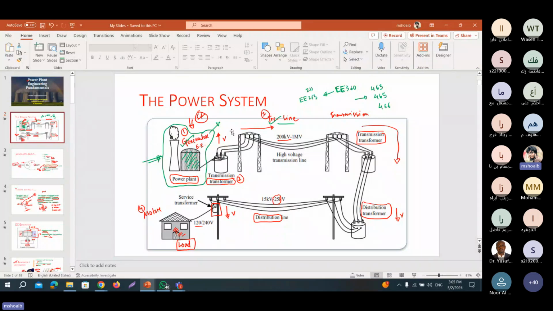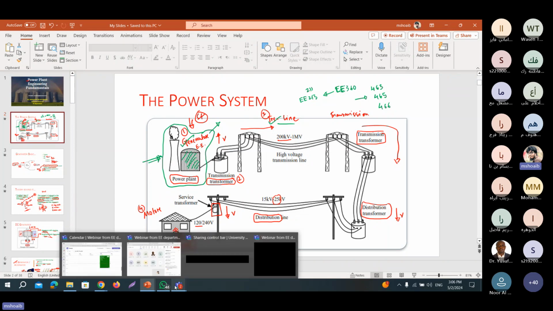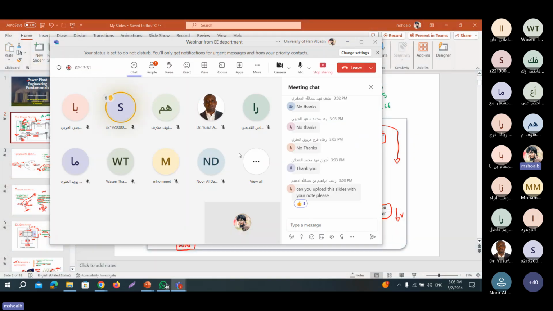So somehow we haven't put this topic in any of the courses. It could be maybe an elective course also, no problem. But as far as I understood, this should be known by all the electrical engineering students. That will make the idea clearer.